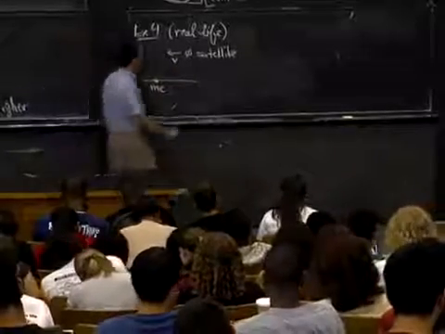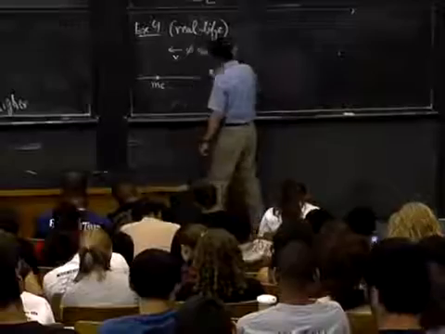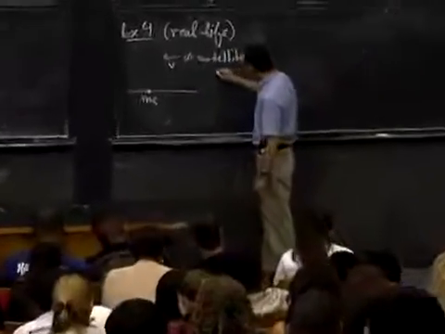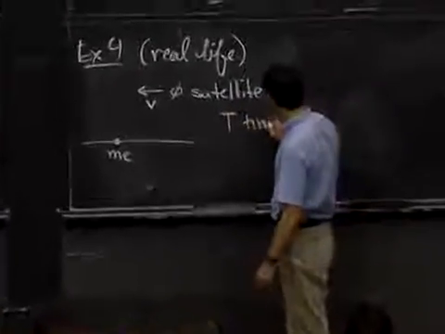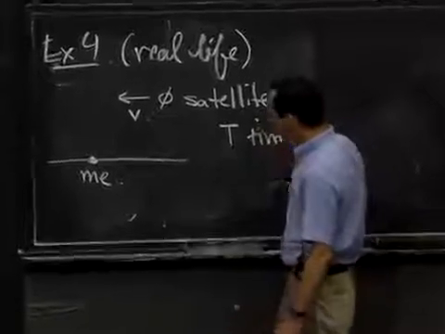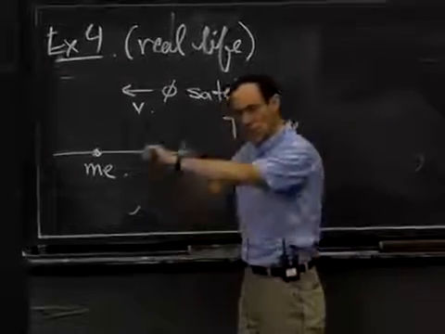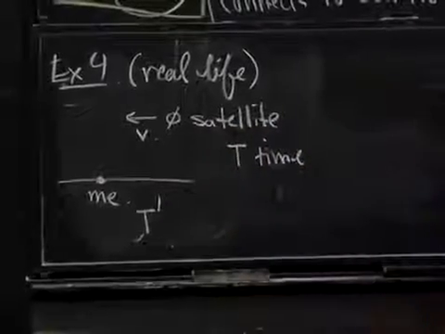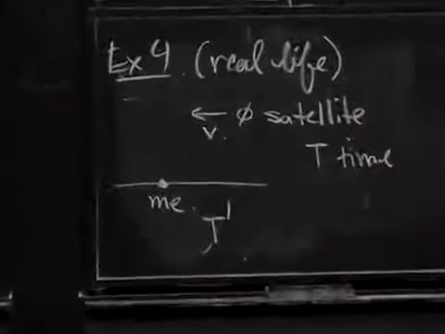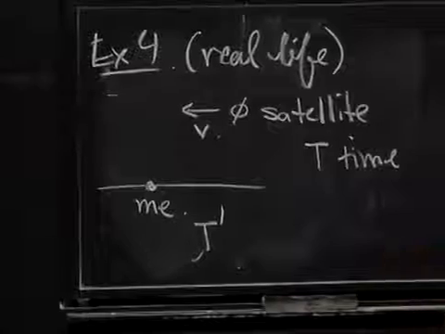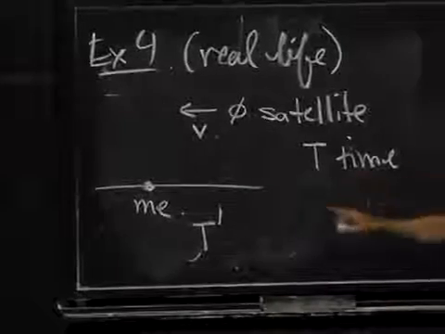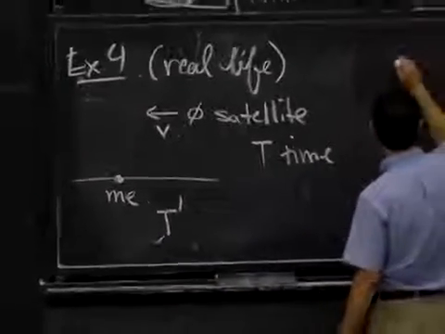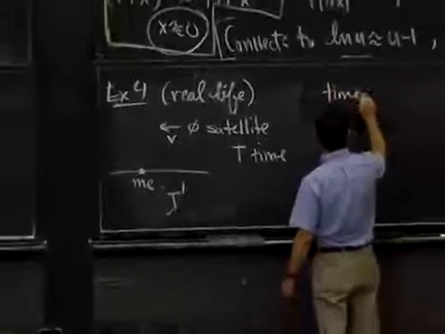And this satellite has a clock on it because this is a GPS satellite, and it has a time t, okay? But I have a watch, in fact, it's right here, and I have a time which I keep, which is t prime.